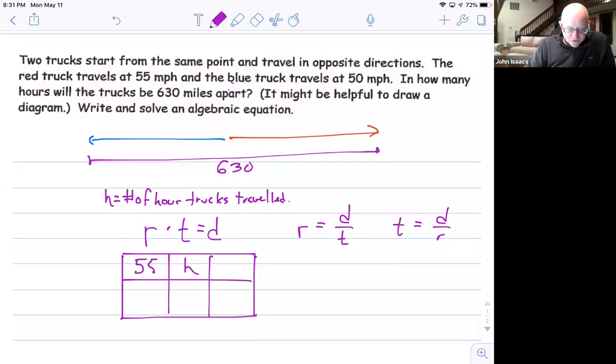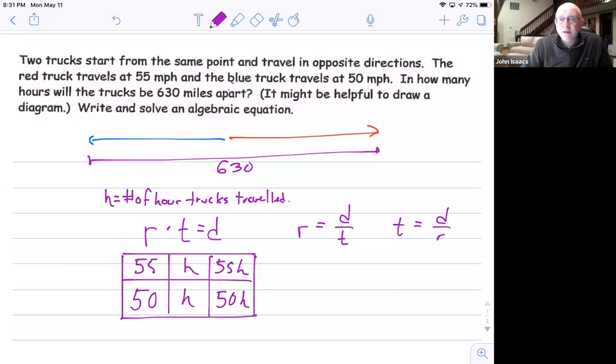And it travels, therefore, a distance of those two things multiplied, 55 times H. At any given moment, that truck has traveled 55 times H. Now the other truck is going 50 miles per hour, also traveling H hours because they left at exactly the same time, so they're traveling the same amount of time. Therefore, it travels 50H. So in the table, we can see that these are the distances traveled, 55H and 50H.